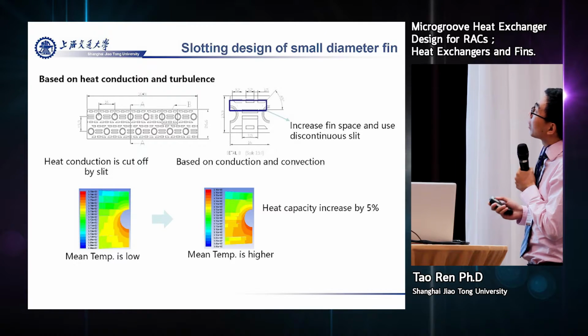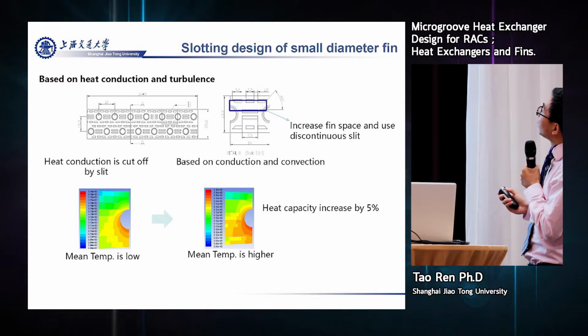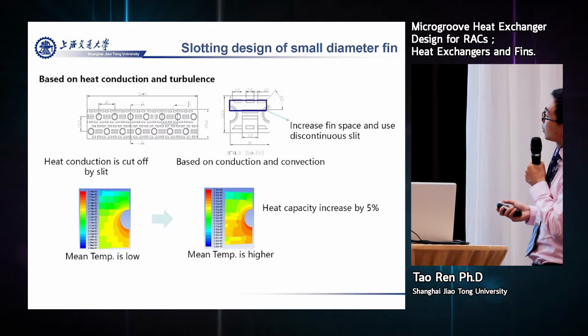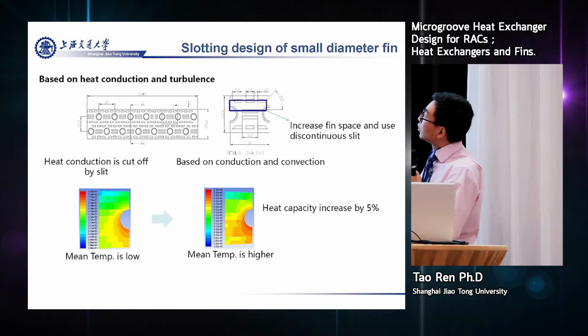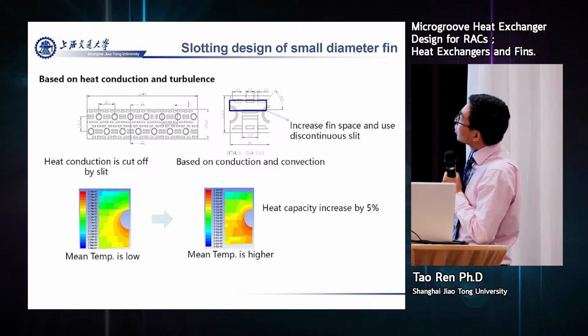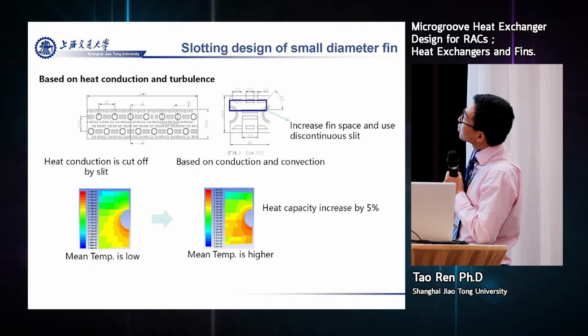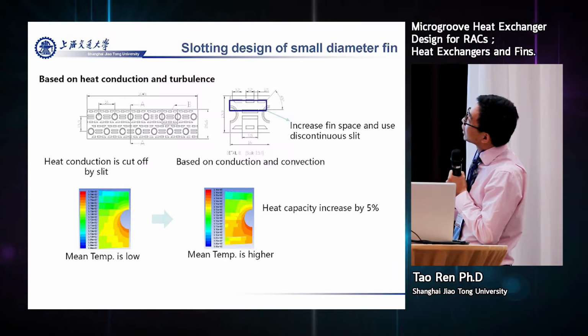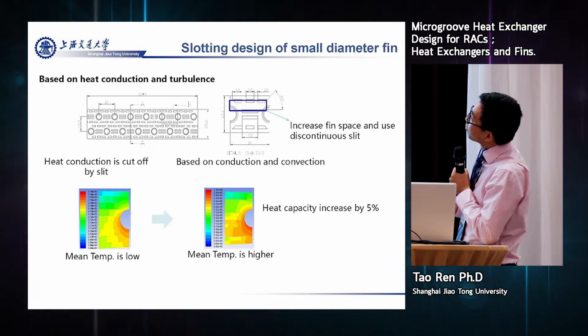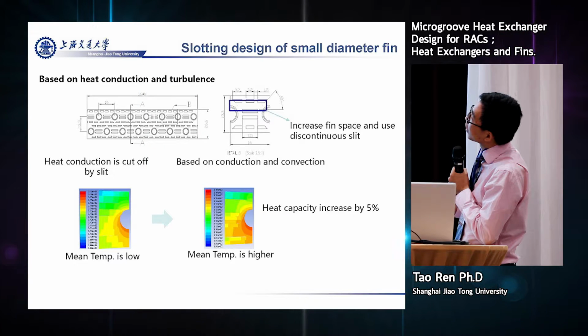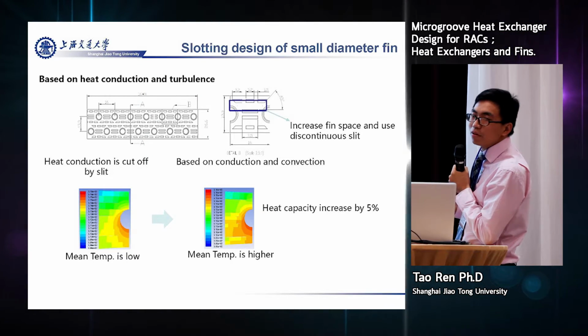This is what we did for the slit on the thin surface. When we move to 5 millimeters, the copper diameter is relatively small compared to the PL. For the 7 millimeter or 9.5 millimeter, the diameter is large, so you do not have the heat conduction problem.